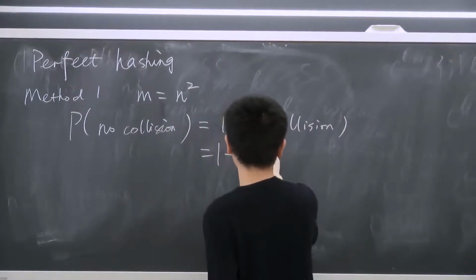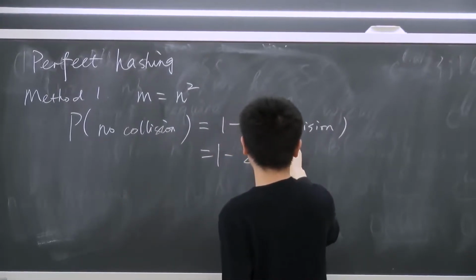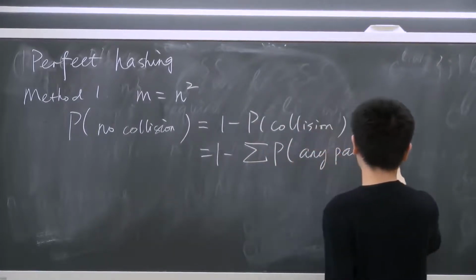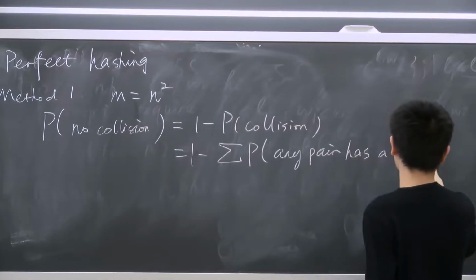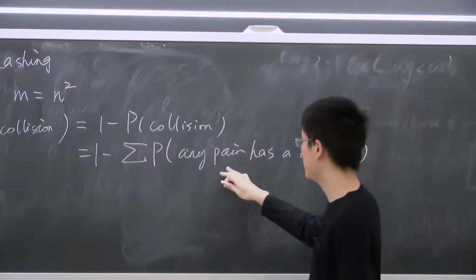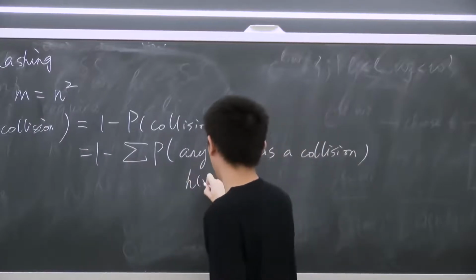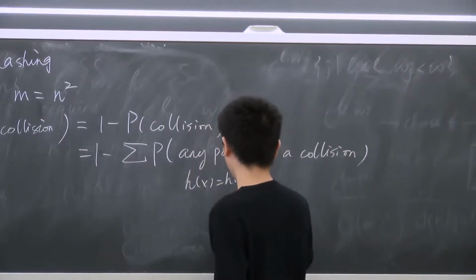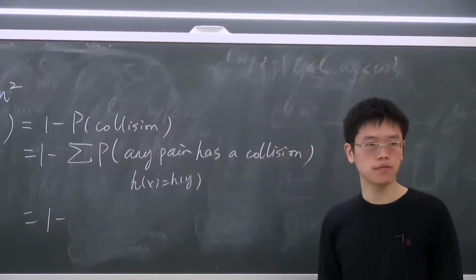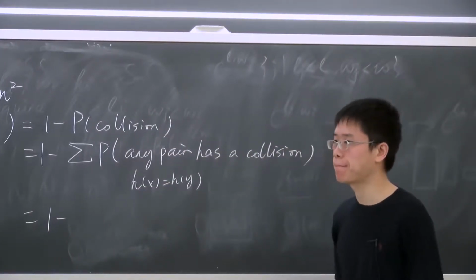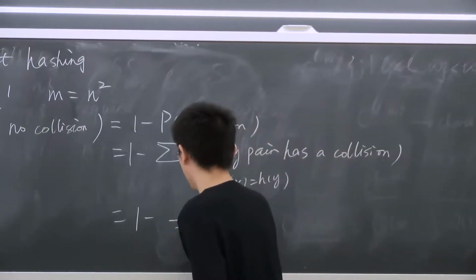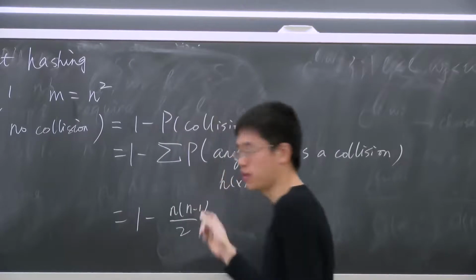That's the probability that any pair has a collision, any pair of h(x) equals h(y). How many pairs do I have? Yeah, n choose 2, which is this number, right?